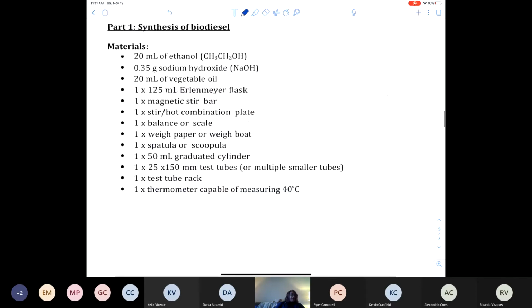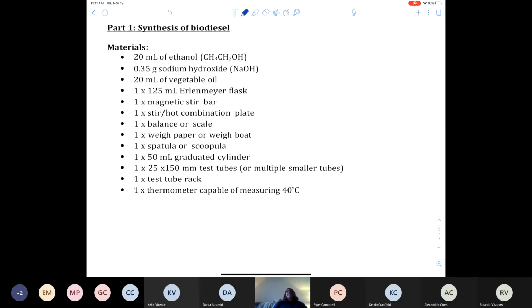And so the first part of this lab, as far as the procedures are concerned, is the synthesis of the biodiesel. You're going to see two videos. The synthesis was a 2-day process.